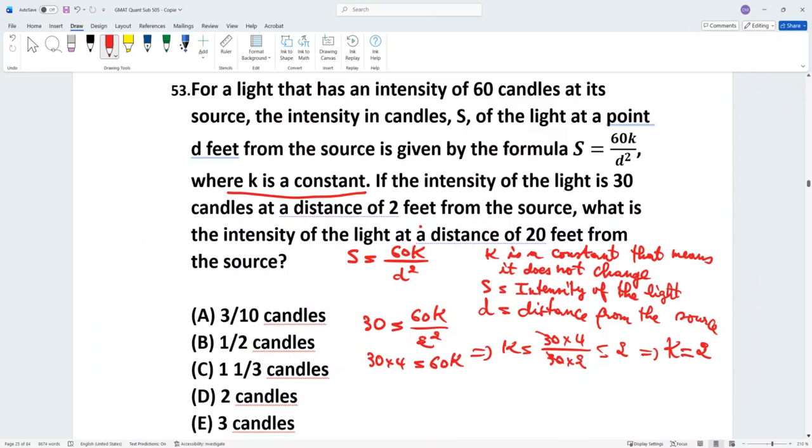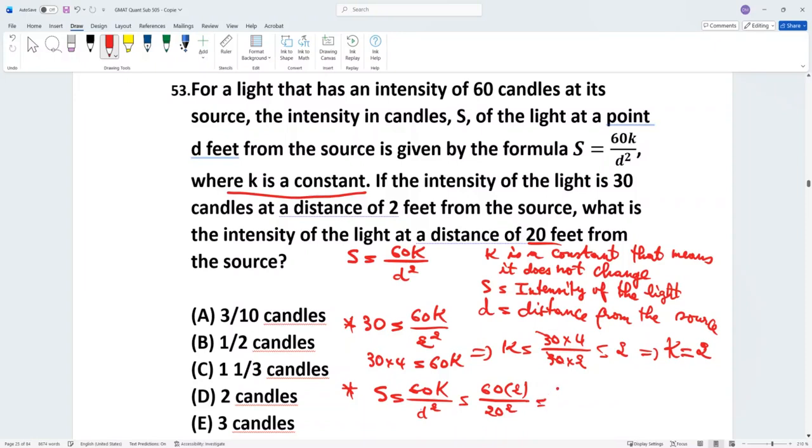Okay, so now the prompt is asking us what is the intensity of the light at a distance of 20 feet from the source. So we need to find S. We can use the formula S equal to 60K over D squared. So D is 20 feet here. 60K is 2, and D is 20 squared.